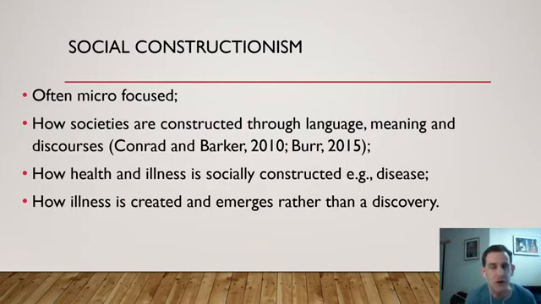So social constructionism looks at human agencies, how humans construct the world, how humans bring disease, how humans bring death, and concepts of death and how we deal with death into society. So a very interesting theoretical framework when we consider how disease is not only biological, but it's created and it emerges as well.